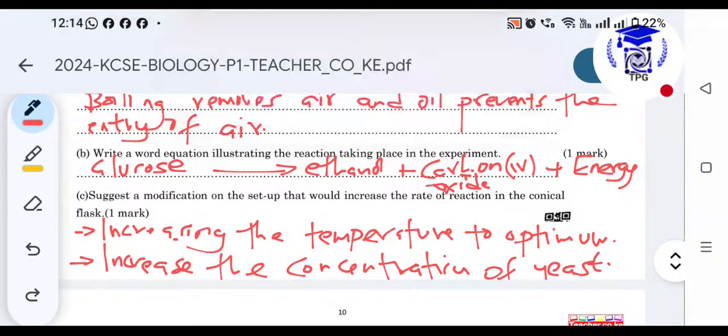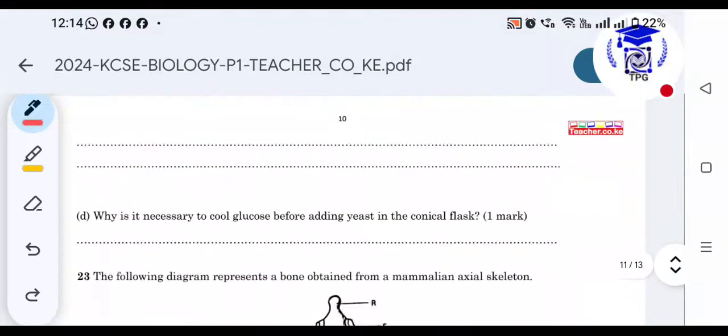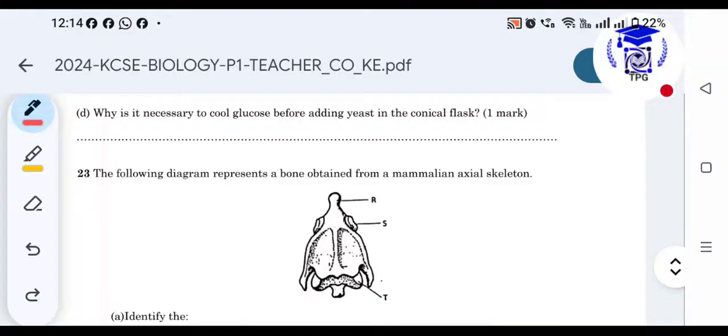Let us go to part D. Why is it necessary to cool glucose before adding yeast in the conical flask?